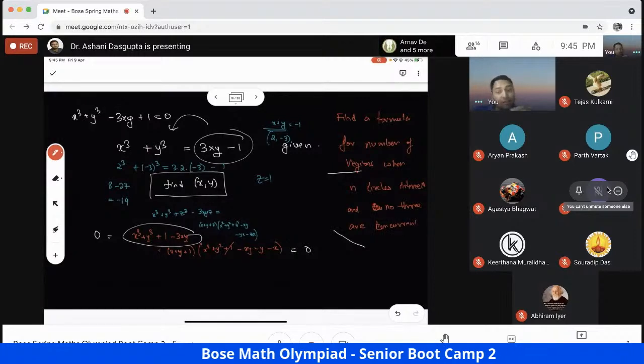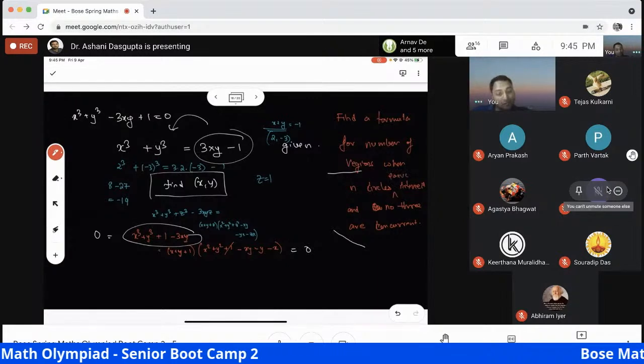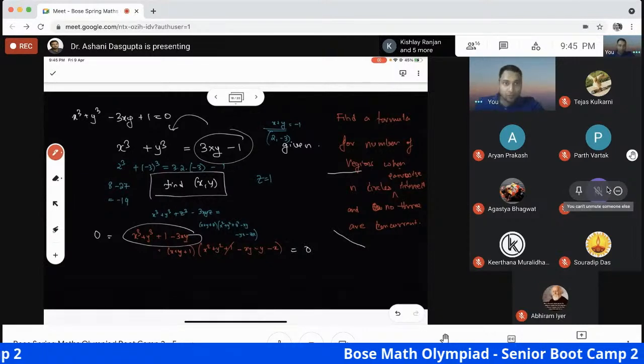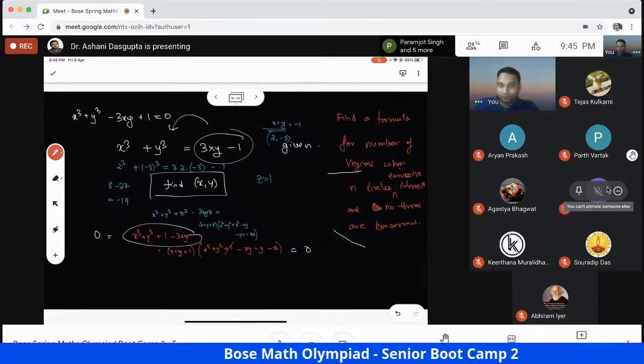So when n circles pairwise intersect, each circle is intersecting the other one non-tangentially, okay?